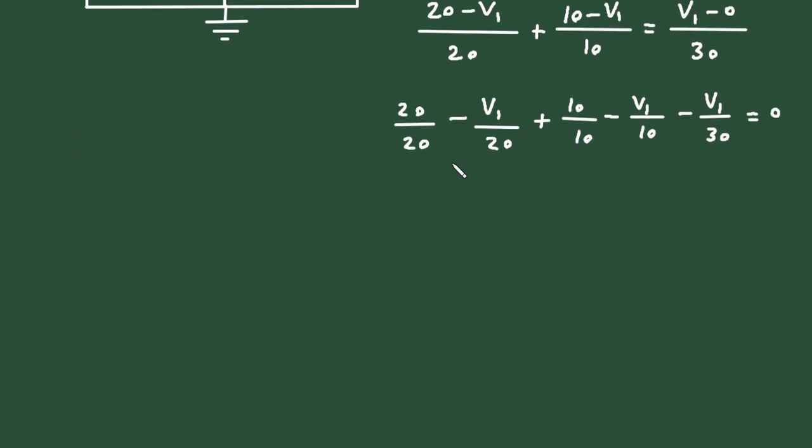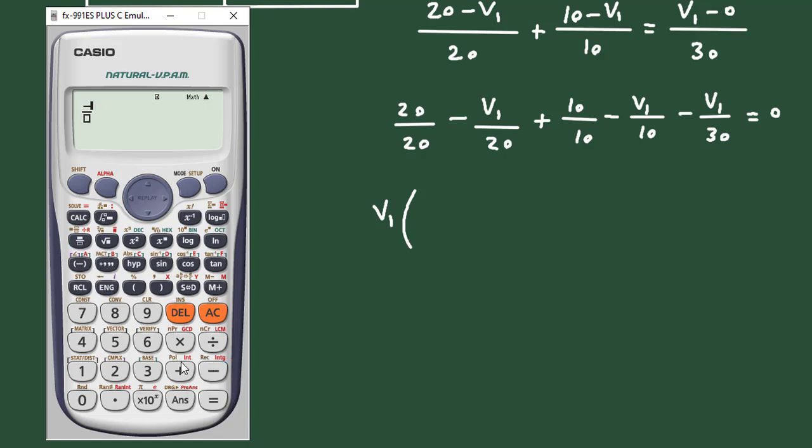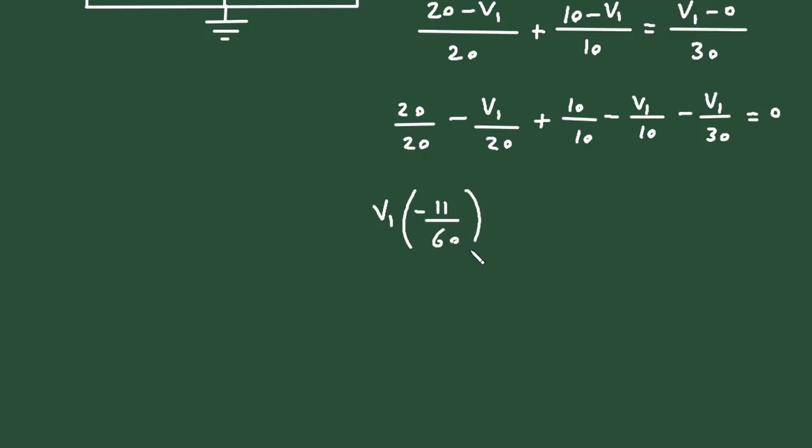Now if we take V1 common, in the bracket this will be minus 1 by 20, minus 1 by 10, minus 1 by 30. So it is minus 11 by 60.